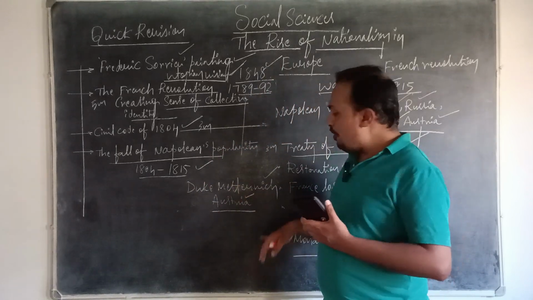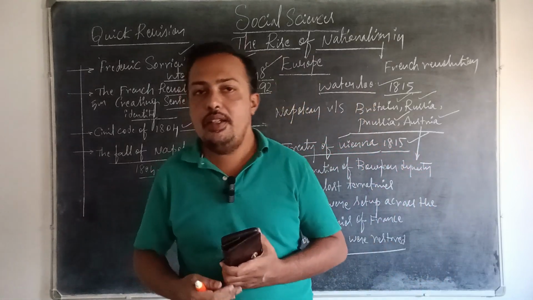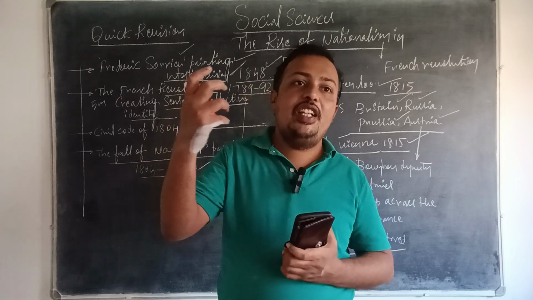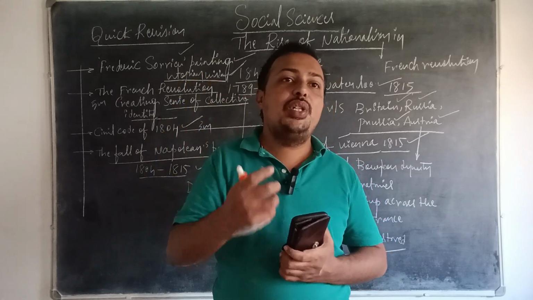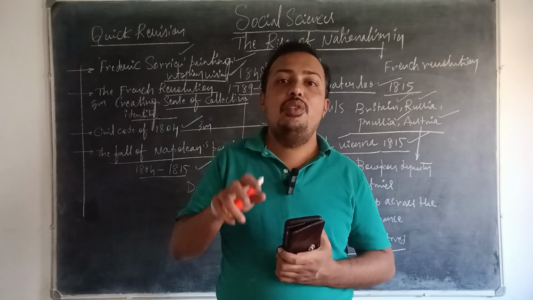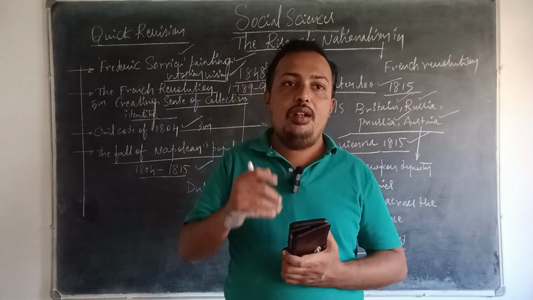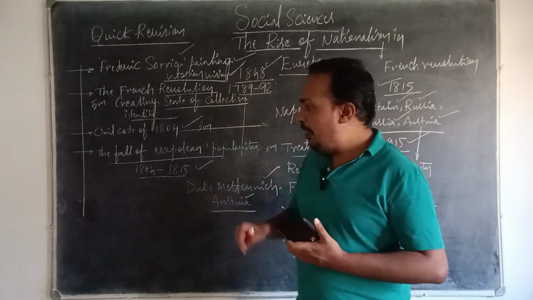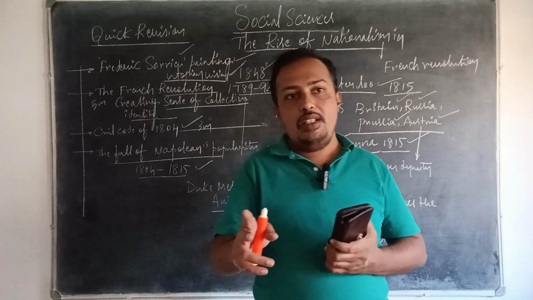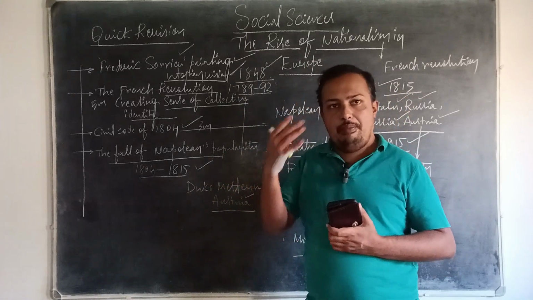Another statement was also made by Duke Metternich related to Giuseppe Mazzini, which I will discuss next. What is the other statement made by Duke Metternich related to the revolutionary leader Giuseppe Mazzini? He is the dangerous enemy of our social order. So two statements are very important, and a multiple choice question may come.